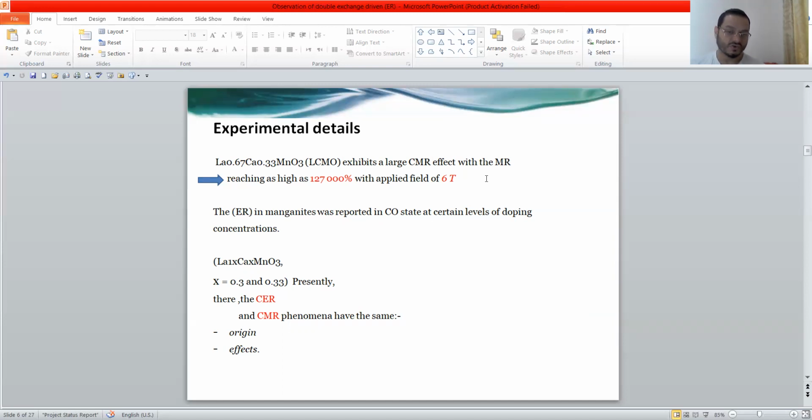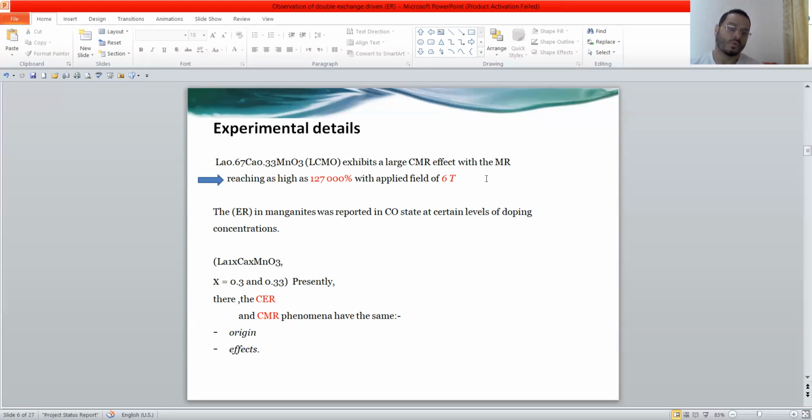The electron resistance in manganites was reported in the charge ordering state at certain levels of doping concentration, not at any levels, but at certain levels of doping concentration.